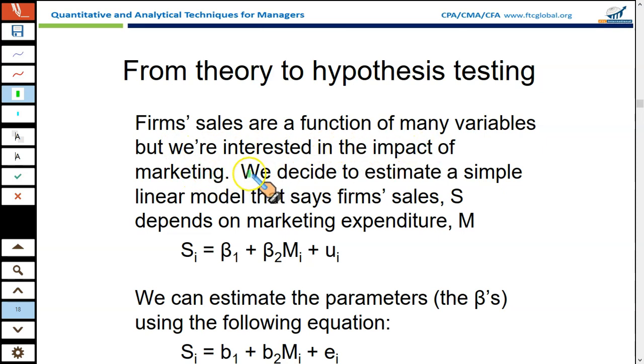For example, we decide to estimate a simple linear model that says firm sales, S, depend on marketing expenditure, M. So we can estimate the parameters, the betas, using the following equation, as we did in lectures 4 and 5. So this is it: S is B1 plus B2 times M plus E.